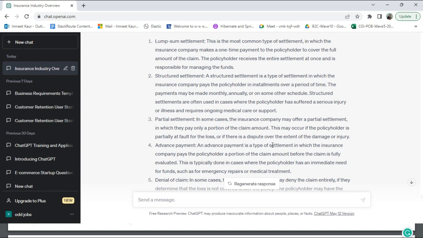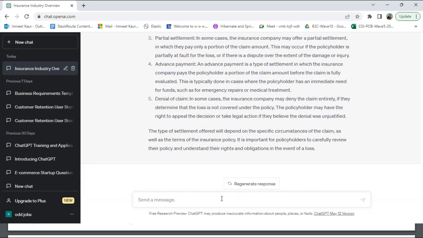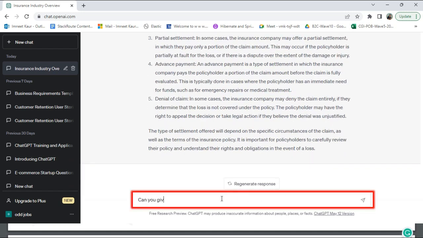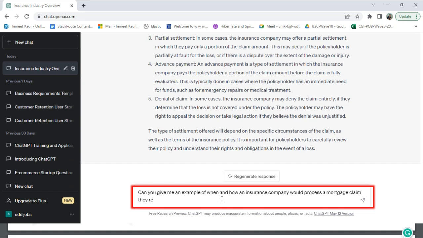Now let us ask ChatGPT about how a mortgage claim is assessed. So let me ask, can you give me an example of when and how an insurance company would process a mortgage claim they receive from a customer?